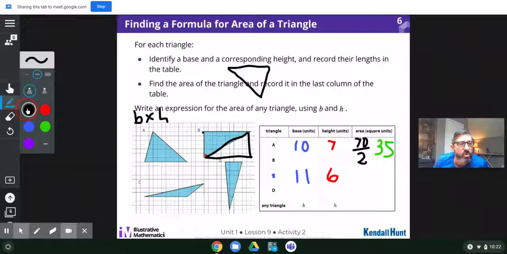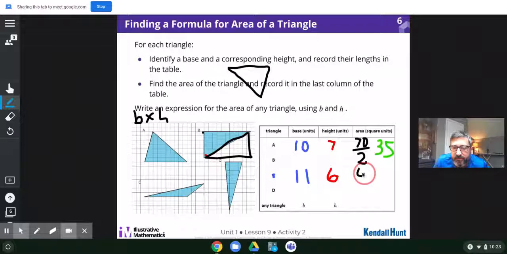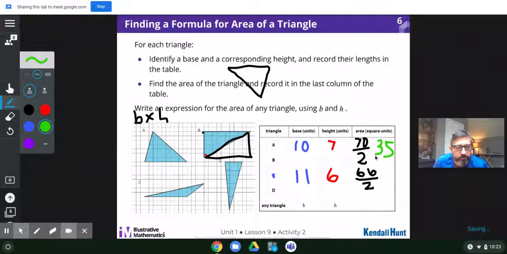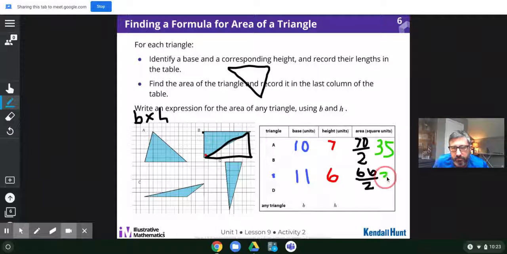And what do we know about the area of a triangle once we find the area of the parallelogram that we made? Half. It's half, that's right. So what is half of 66? 33. 33. That is perfect. Excellent job.